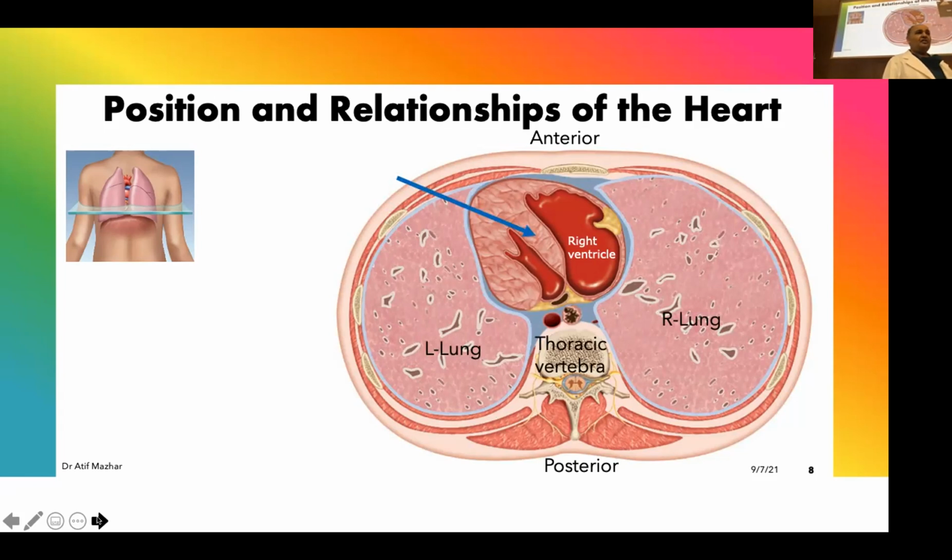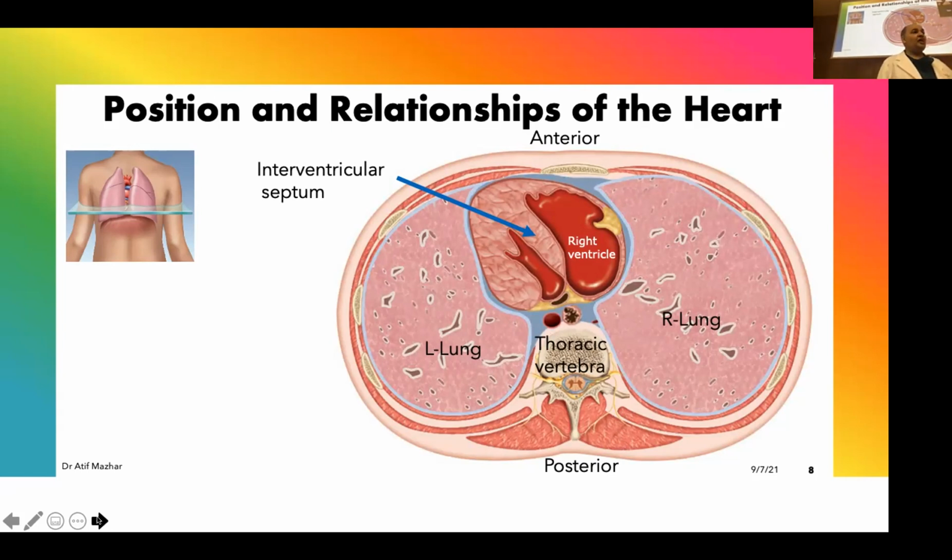And within my heart, there is a partition which divides it. Which part of my heart? The ventricles, into two halves, right and left ventricles. So this is my interventricular septum, a muscular partition which bifurcates my ventricles into right and left. You can see very clearly both of these ventricles, their cavities are shown. One is very muscular.